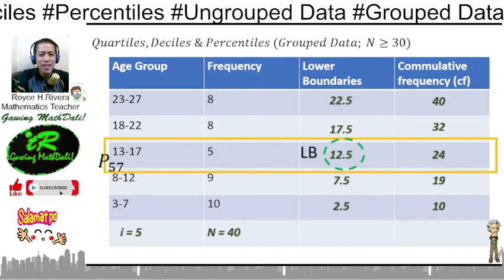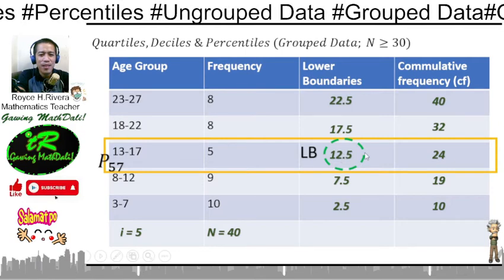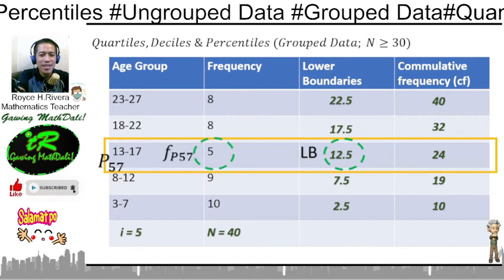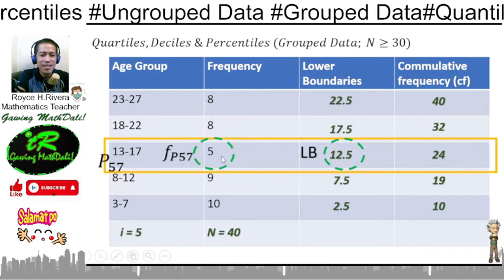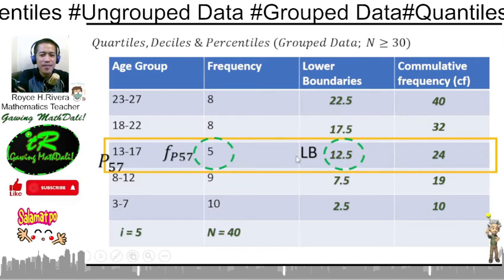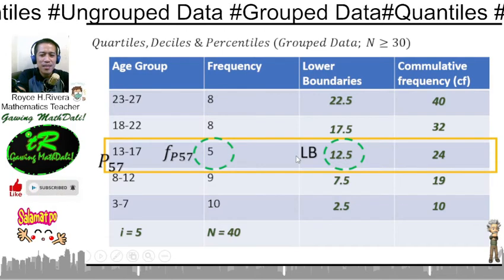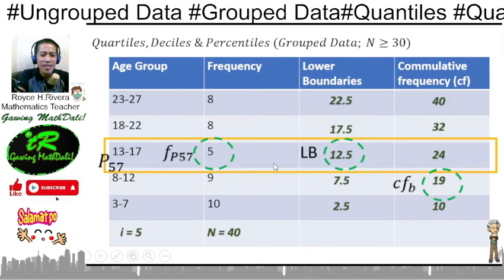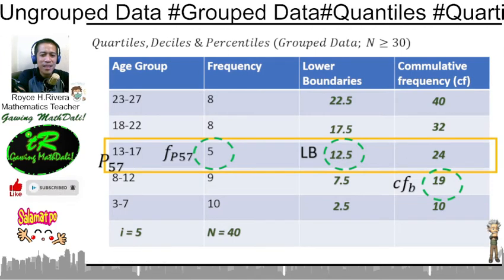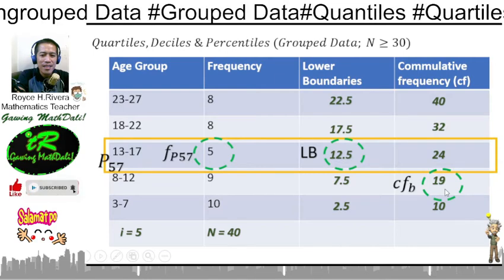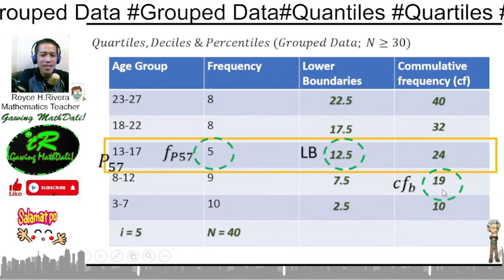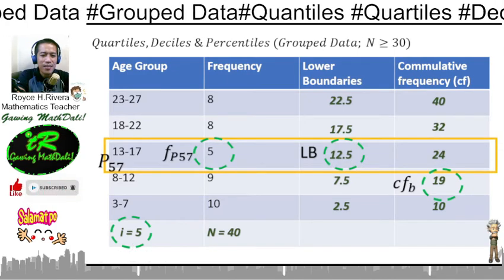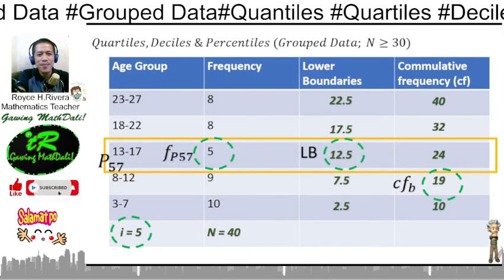The lower boundary of this group or class, 12.5. The frequency of this class, that is 5. The cumulative frequency before the class in which 22.8 data belongs, that is equal to 19. The class interval used, which is equal to 5.